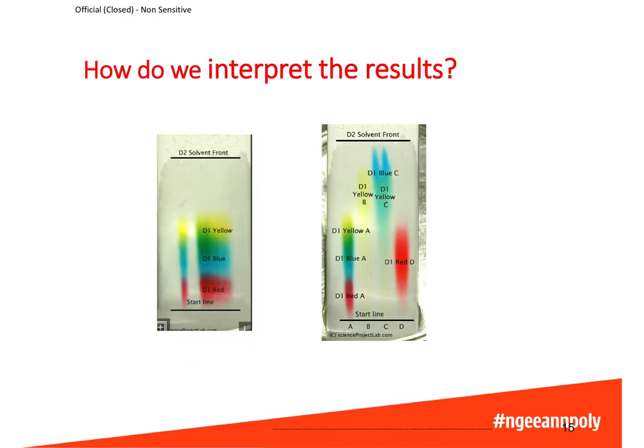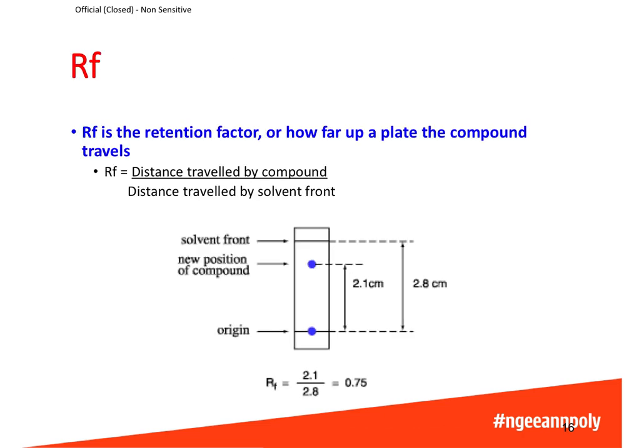After the TLC is done, now let's look at how to interpret the results. The distance traveled by a compound can be expressed as the retention factor or RF. So let's take a look at this diagram which shows a compound that has traveled from the origin to the new position after the TLC has completed. The compound has traveled 2.1 cm.